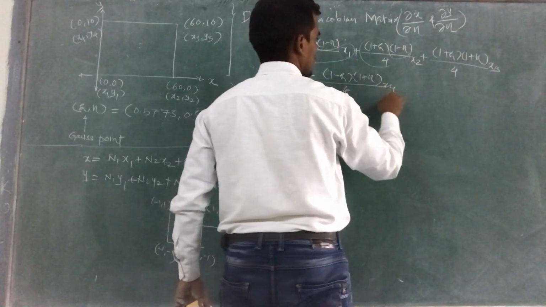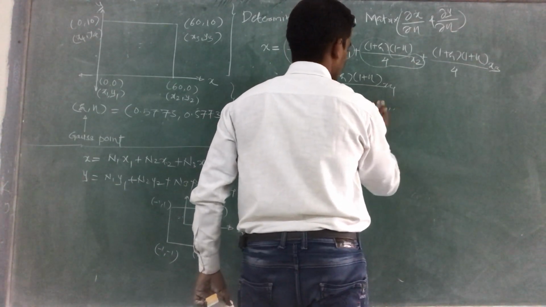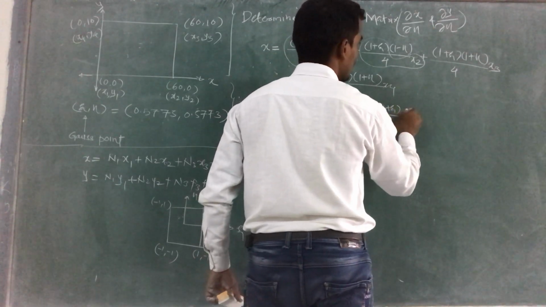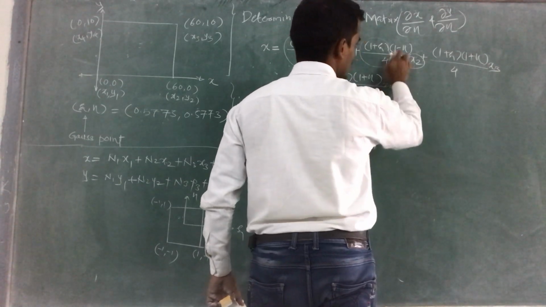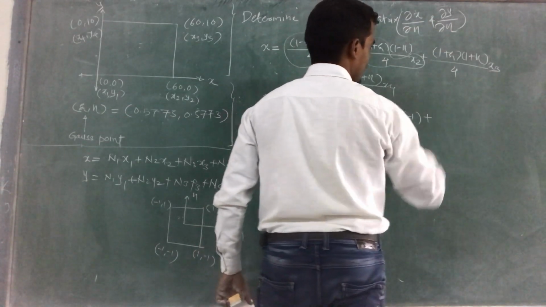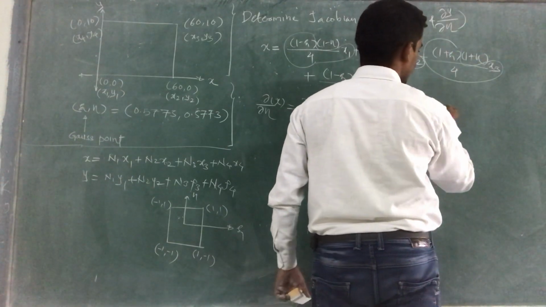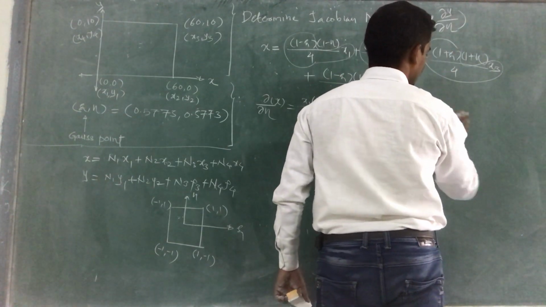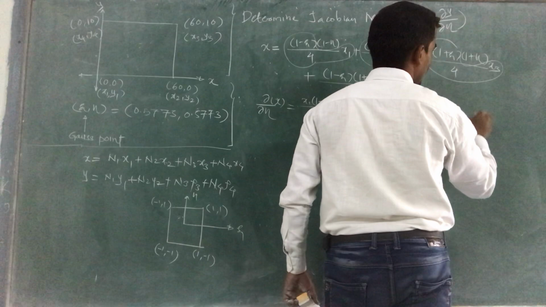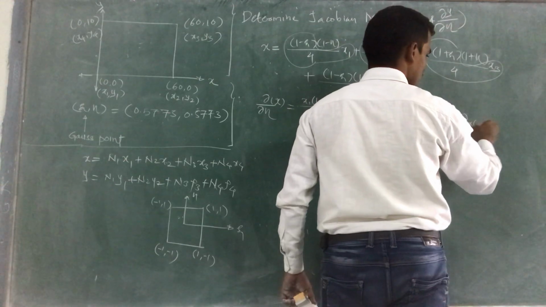So this term will become constant, x2 into (1 plus zeta) divided by 4 into, with respect to eta, the derivative of 1 is 0, with respect to minus eta it is minus 1. Plus for this term again this term will become constant, (1 plus zeta) x3 times (1 plus zeta) divided by 4 into, with respect to eta, the derivative of eta with respect to eta will become 1.